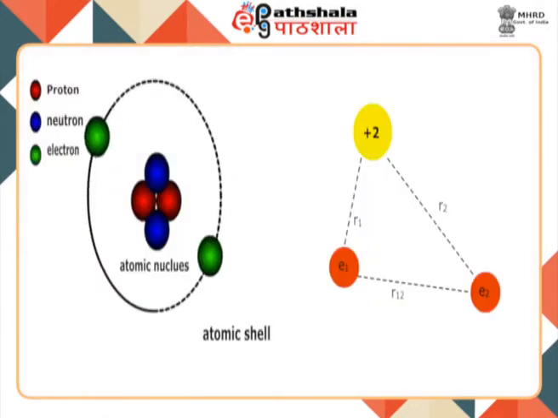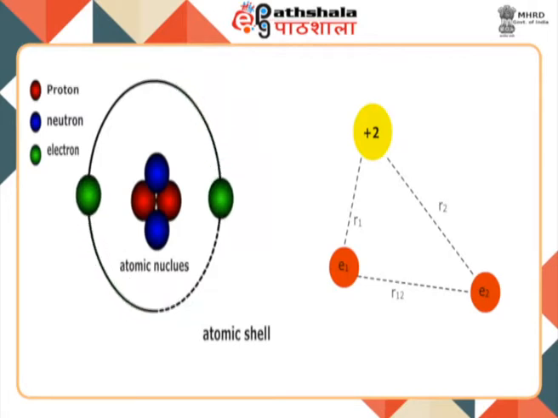Now, if you look at the helium atom, it is a three-body system because it contains one nucleus and two electrons. And the first thing to solve the problem of the helium atom is to write the Schrödinger equation for the helium atom.